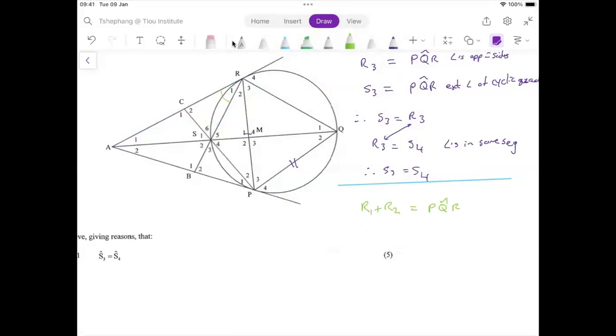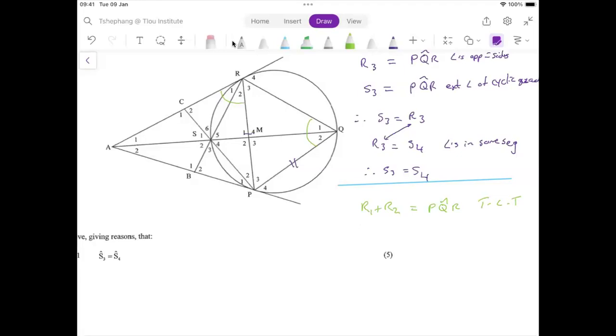So this must be equal to that. Why? Tan chord theorem. Please write tan chord theorem, not TCT. Hope we're still together there.